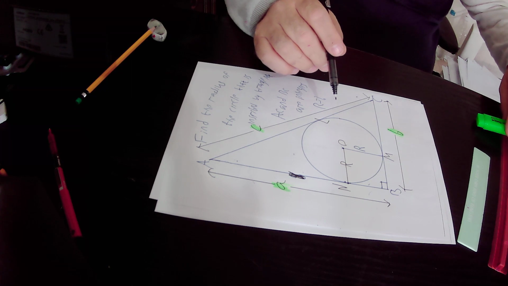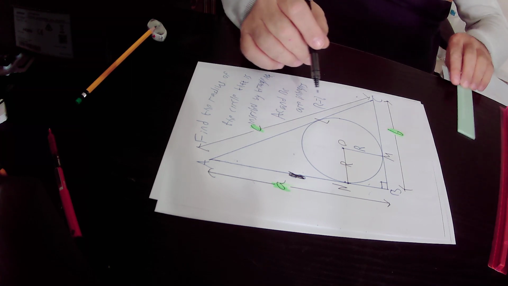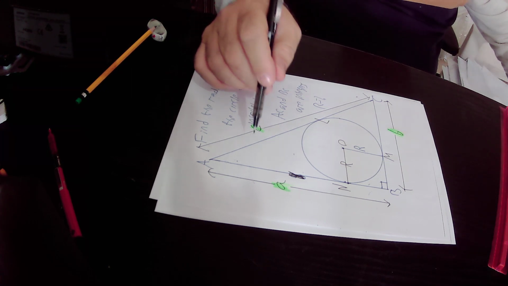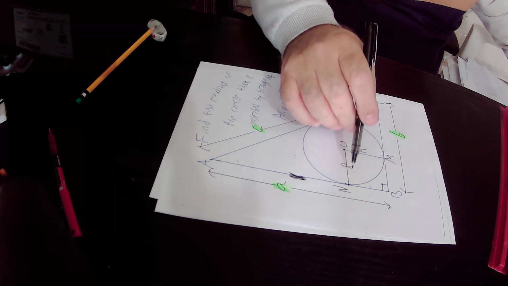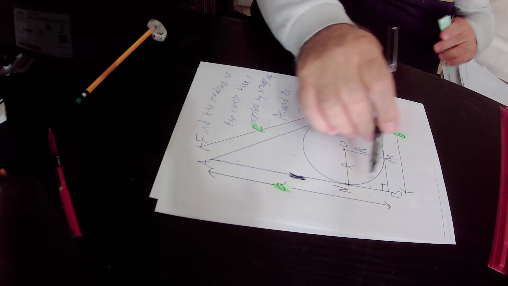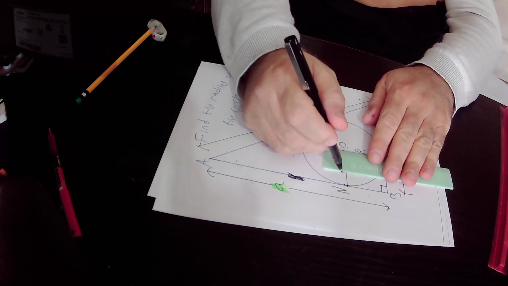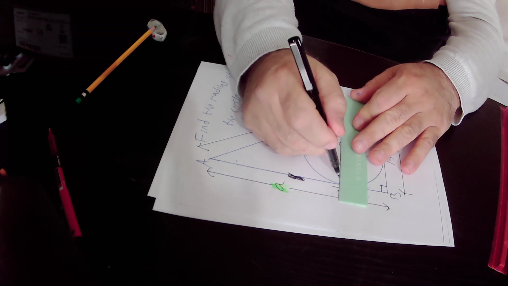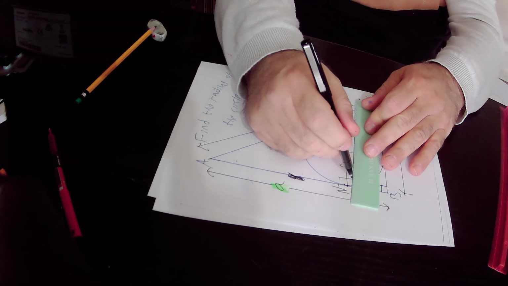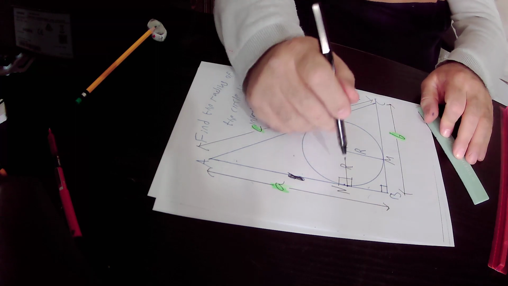Whenever you have a radius drawn to the point of tangency, tangent AB will be perpendicular to the radius NO. So if AB is perpendicular to NO, this angle equals 90 degrees according to rule number 1.